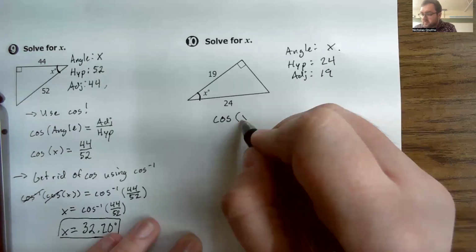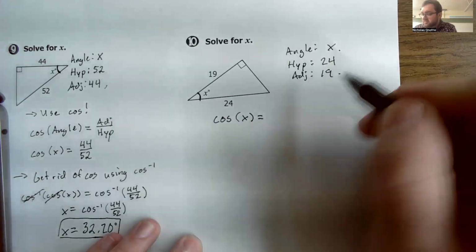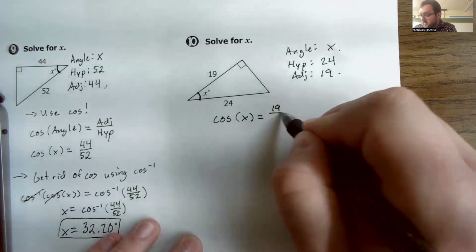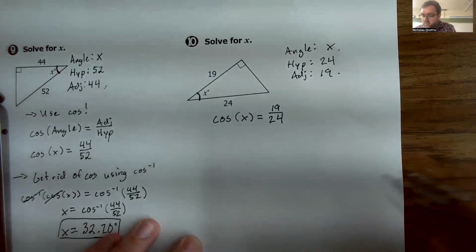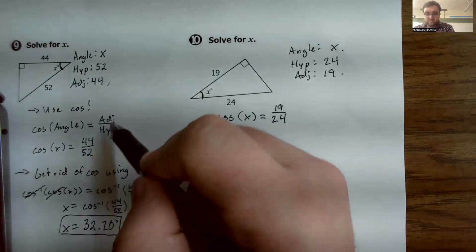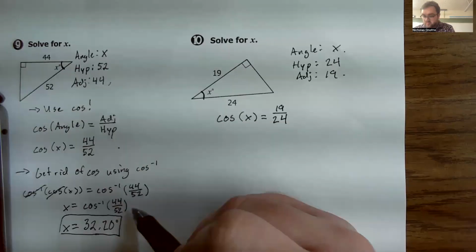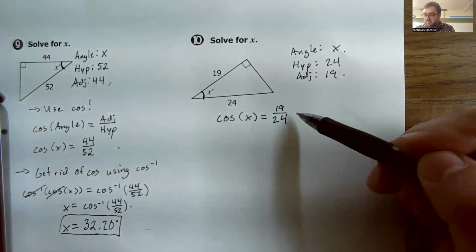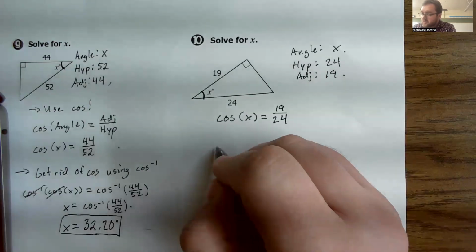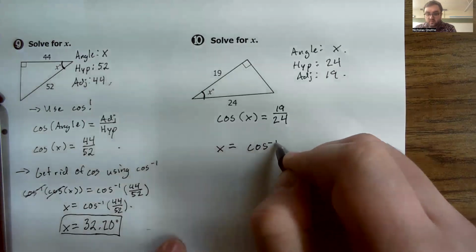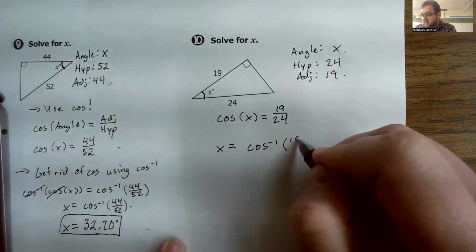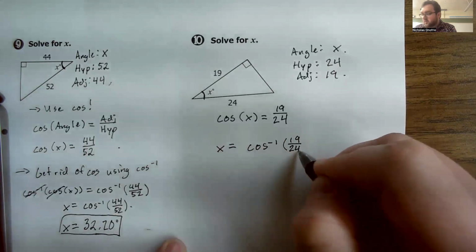Cosine of X equals adjacent divided by hypotenuse. Using our same trick, we can rewrite our problem as X equals the inverse cosine of 19 divided by 24.